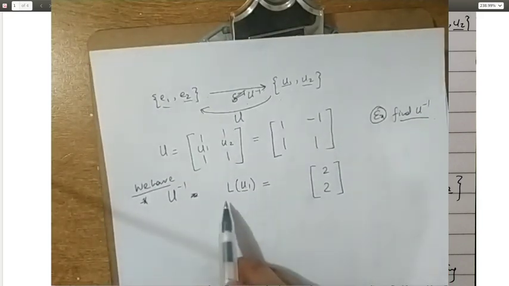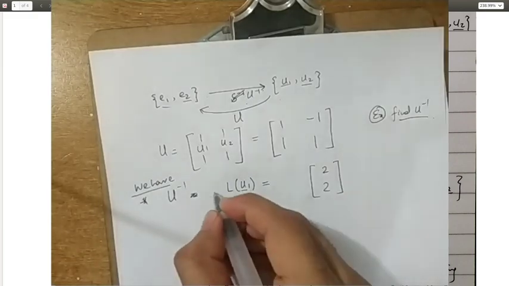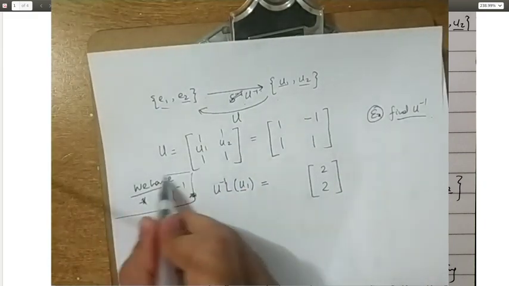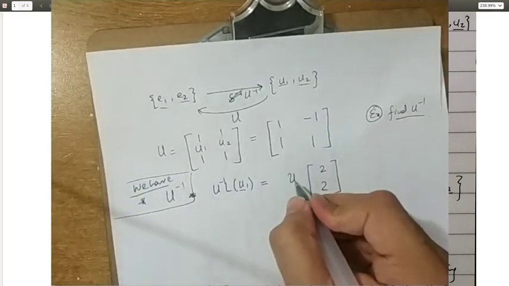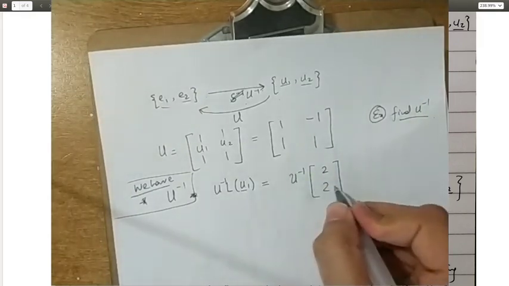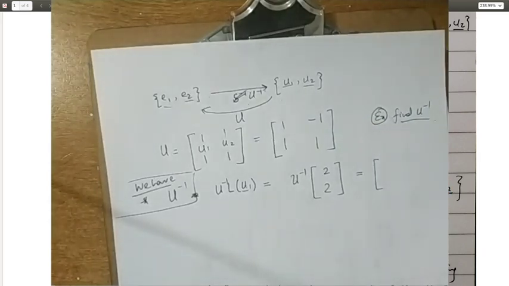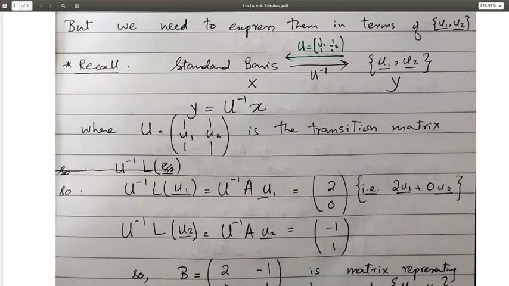To convert it from the standard basis to the non-standard basis, I will apply U inverse. I'll find U inverse and multiply it, and the result you get is the vector (2, 0).